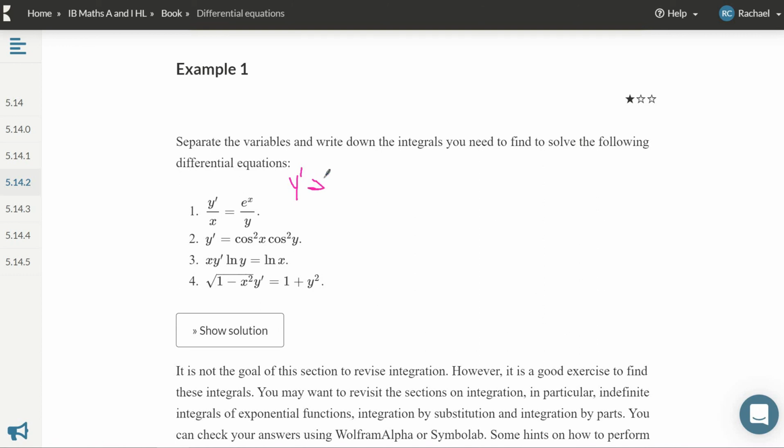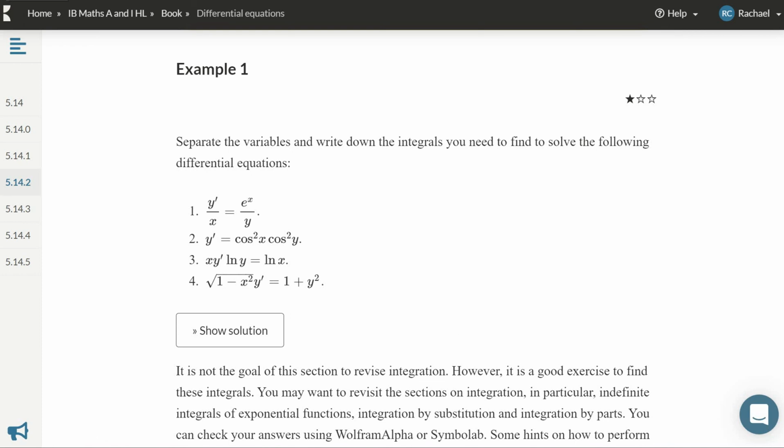Whoa. Okay. I don't know if I like this device. Dang it. Okay.